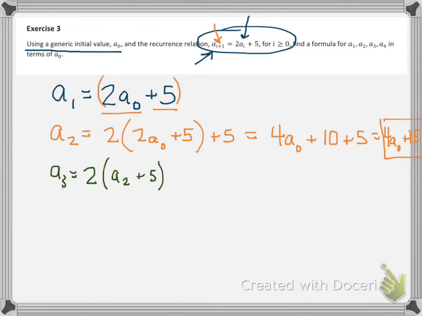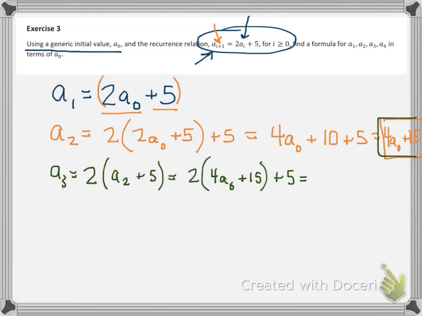And what is a sub 2? Well, a sub 2 was this. So it's 2 times 4a sub 0 plus 15 plus 5.